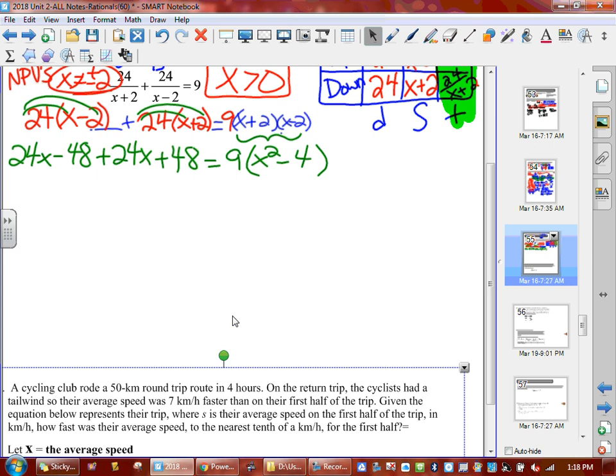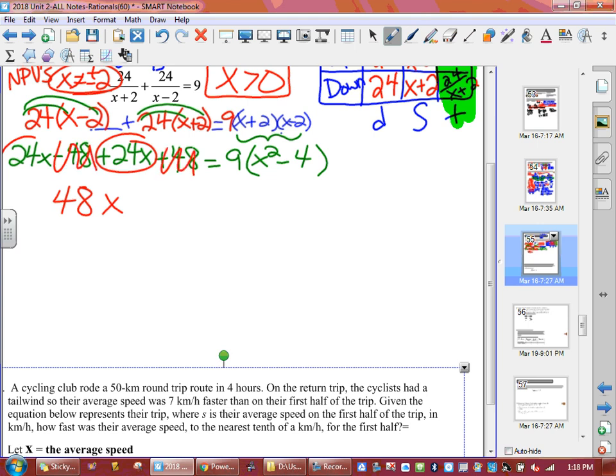Okay, so we're going to now add like terms on the left. I'm going to add my 24x and my 24x, which is going to give me 48x. What do you notice about the negative 48 and positive 48? They cancel out. So we get 48x equals 9x squared minus 36.